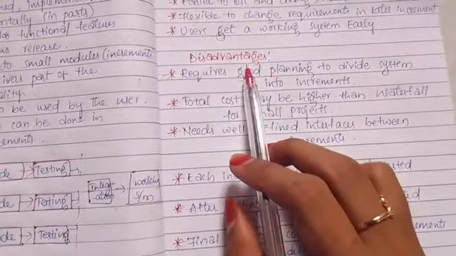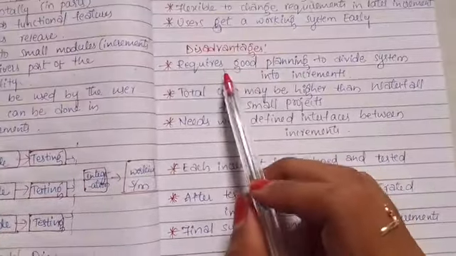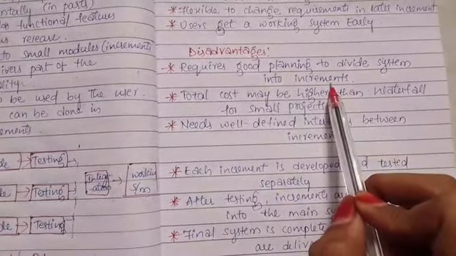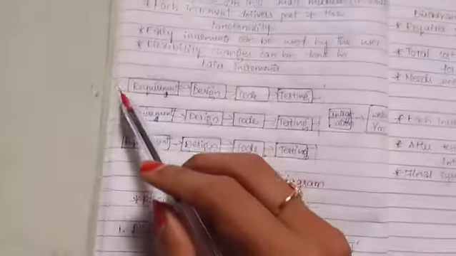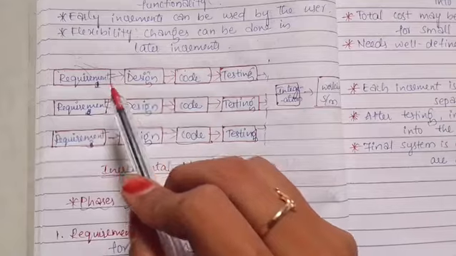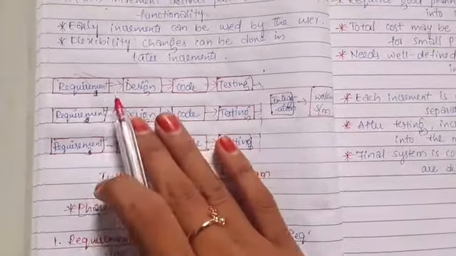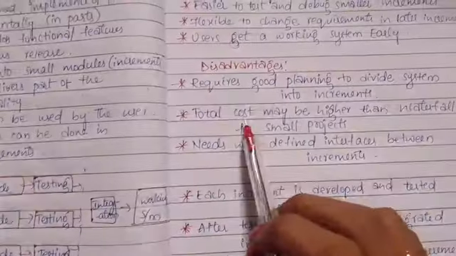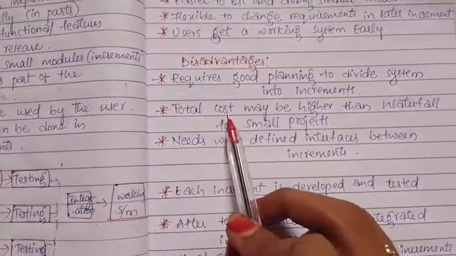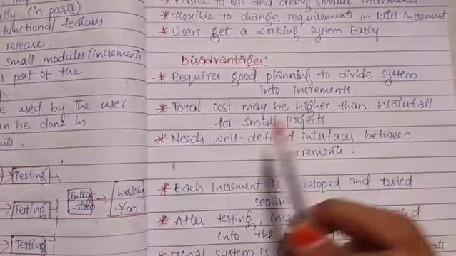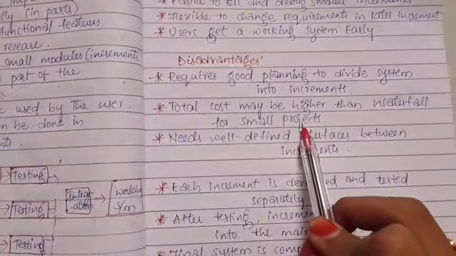And we have disadvantages as well. It requires good planning to divide the system into increments. The total cost may be higher than the waterfall model for small projects.